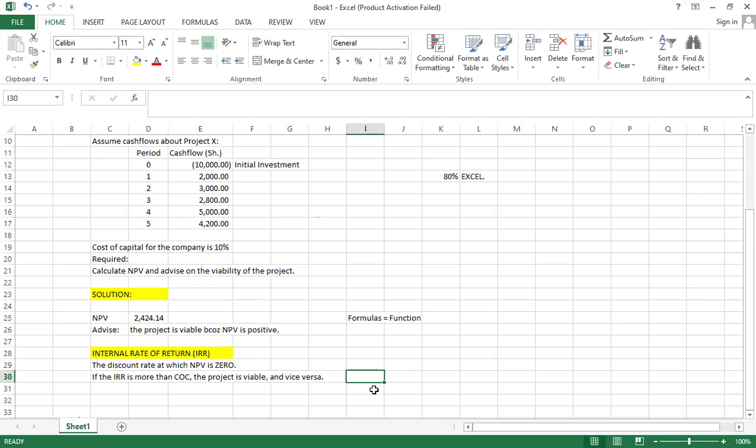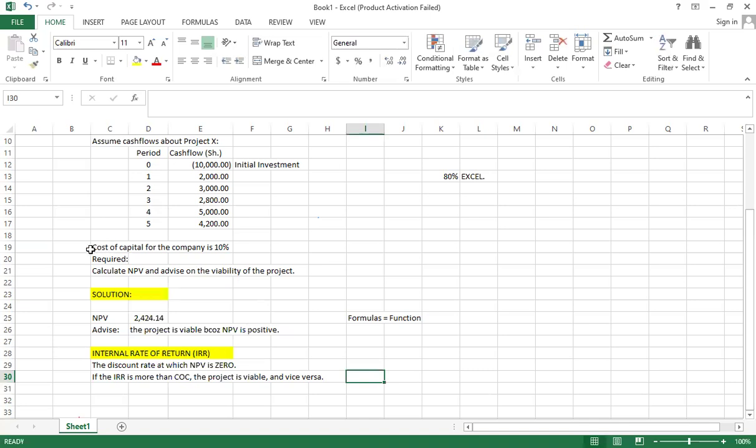Meaning that just like in the case of the net present value, you'll again begin by computing your internal rate of return. You will then compare that internal rate of return with the cost of capital.